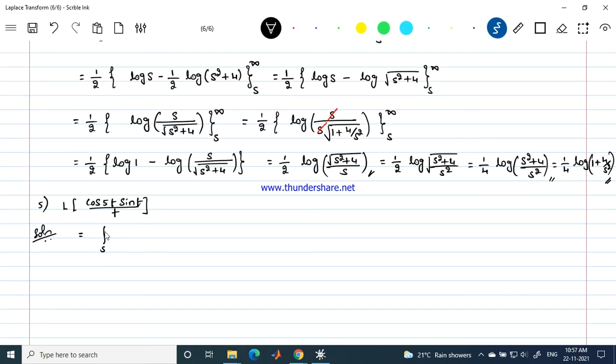So it is integration s to infinity L of cos 5t into sin t ds. Integration s to infinity Laplace of, this is half times sine of a plus b, that is sine 6t, minus sine of 5t minus t, that is sine 4t, ds. 1 by 2 is a constant.